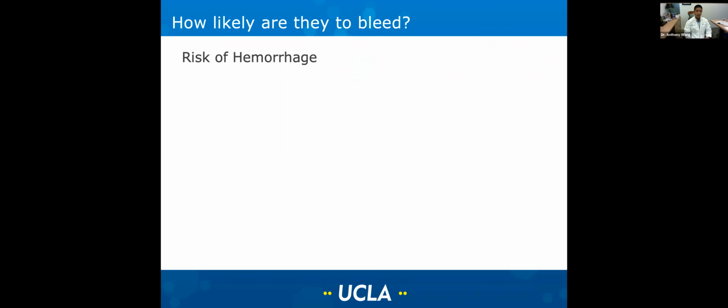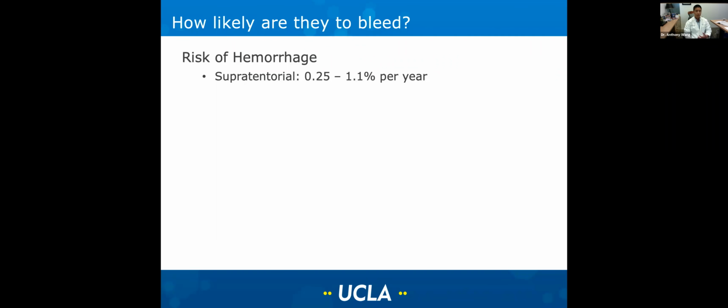So there's a lot of numbers published out there, but very generally, the risk of hemorrhage is influenced by the location of the lesion. In the cerebrum, the risk of hemorrhage is about 0.25 to 1% per year.